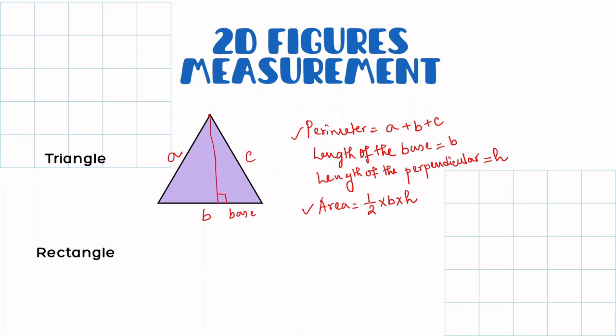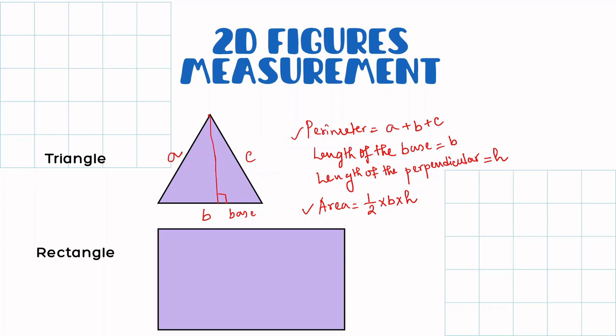Next we will know about rectangle. Let's say this is a rectangle whose length is L and breadth is B. So what will be the perimeter? Perimeter means you have to calculate all the lengths and add them together.